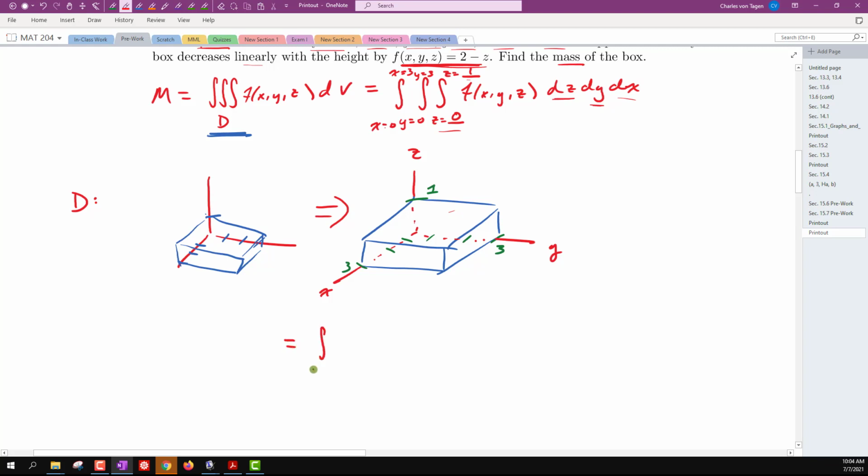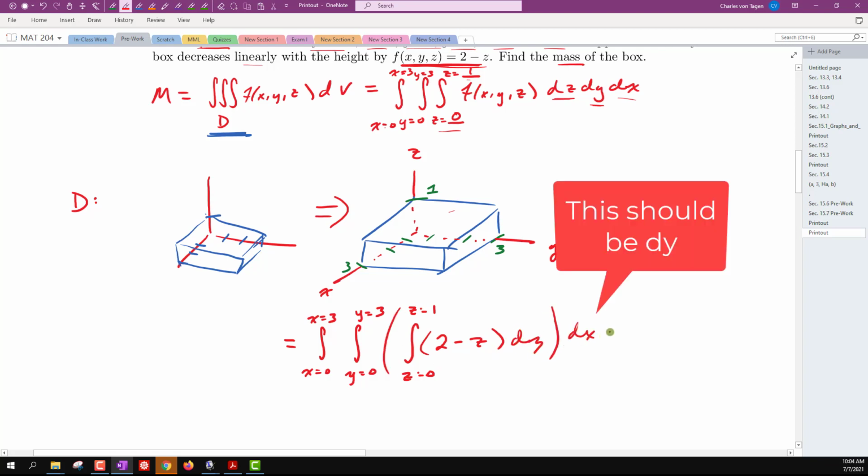That's going to be the triple integral from x equals 0 to x equals 3, from y equals 0 to y equals 3, and then from z equals 0 to z equals 1 of 2 minus z dz, and then dx dy.